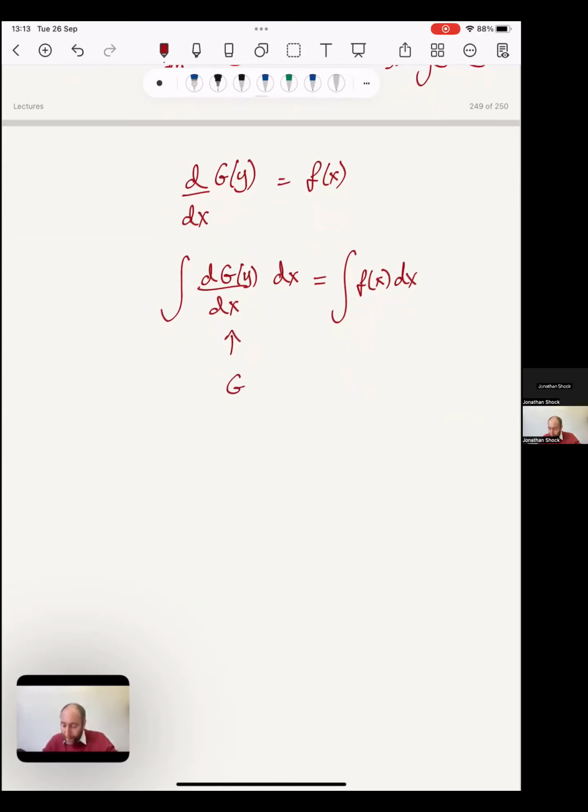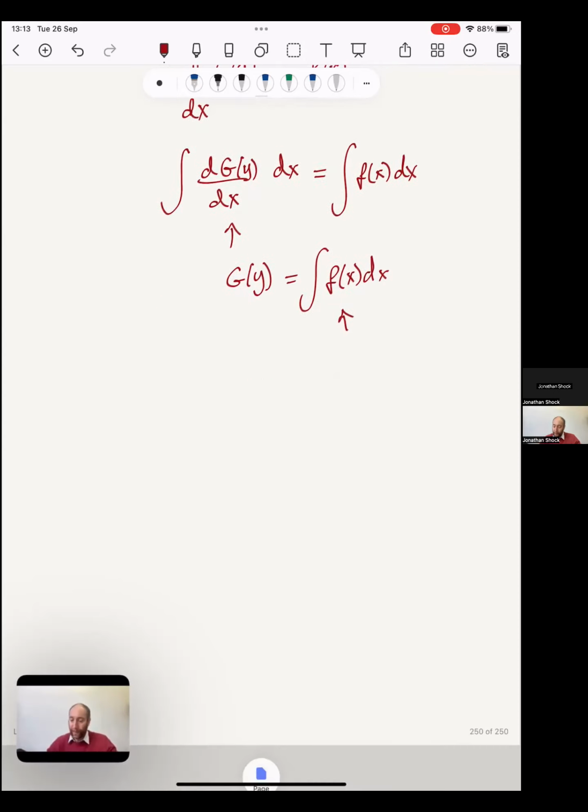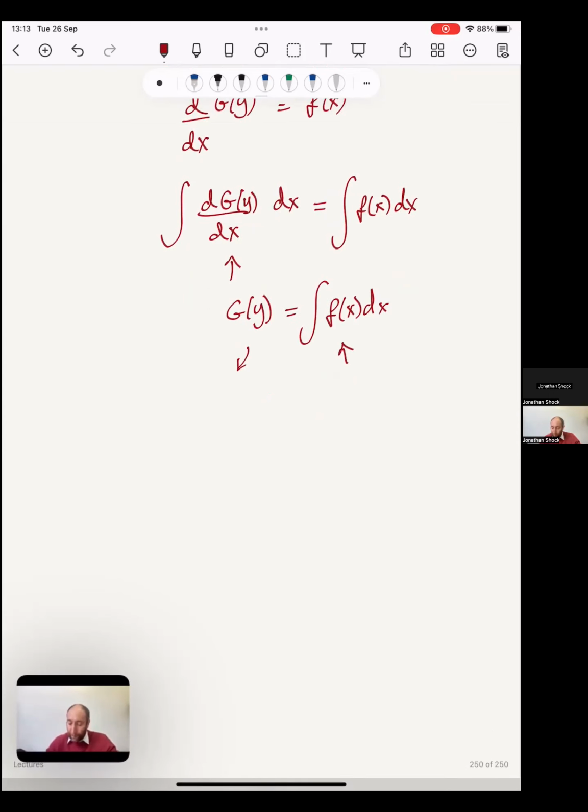And so on the left-hand side, we've just got big G of y equals the integral of f of x dx. We're not too worried about constants at the moment, because we're going to get a constant from this side anyway, so we don't have to be too careful about that. But what is big G of y? Well, we showed before that big G of y was just the antiderivative of little g of y dy.